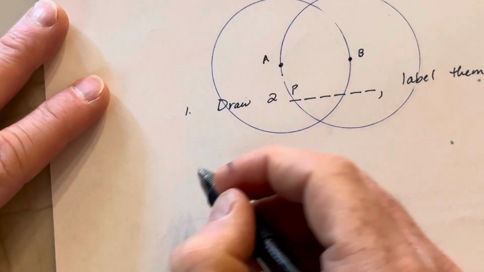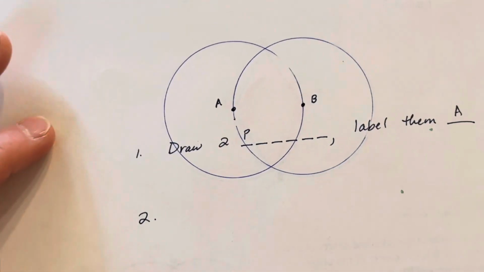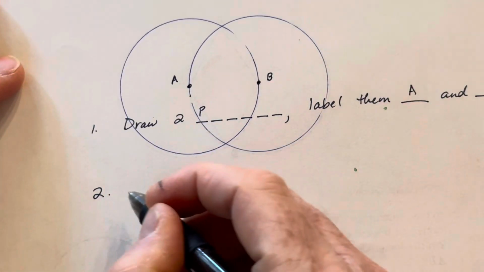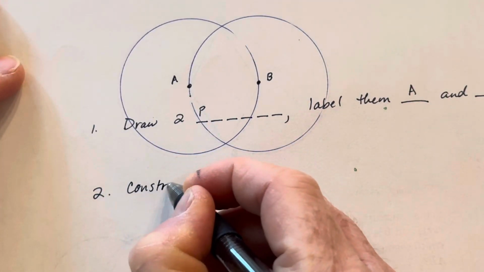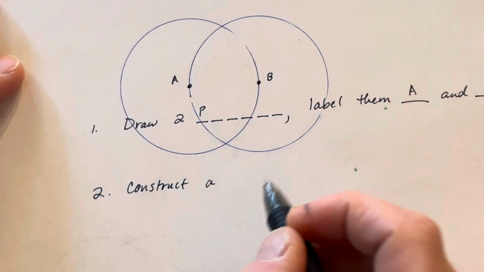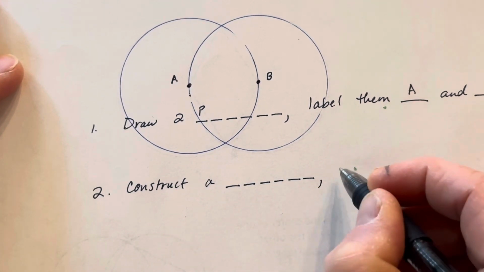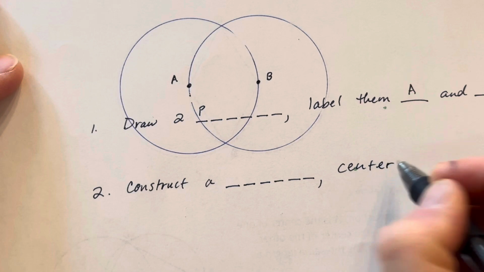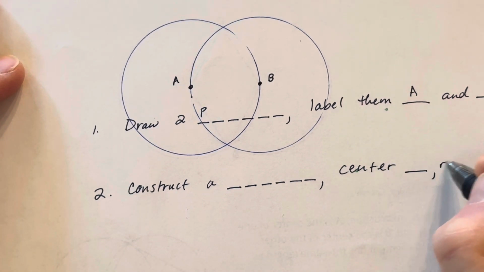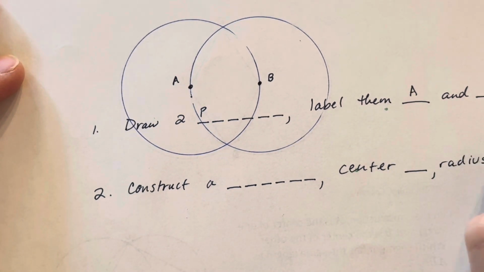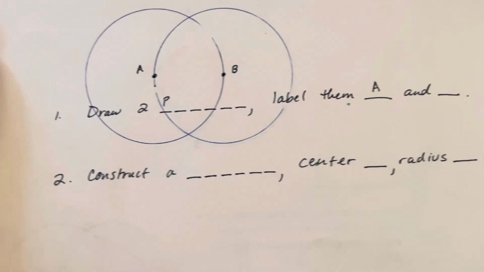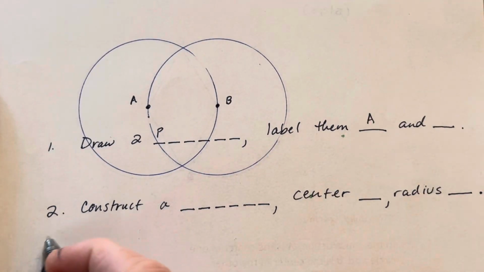Okay, so number 2. Construct a blank, center blank, radius blank. That would be the second step. Then we do it again.